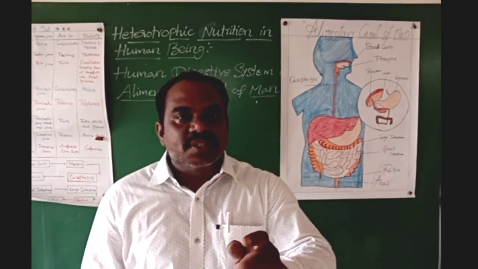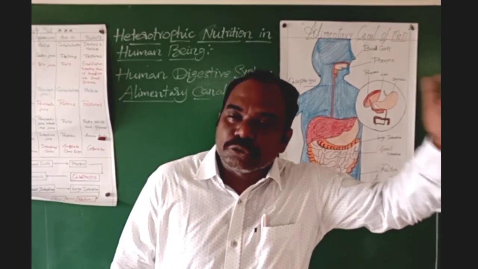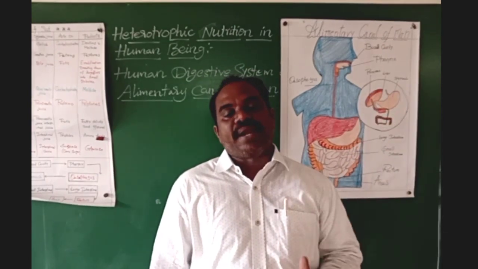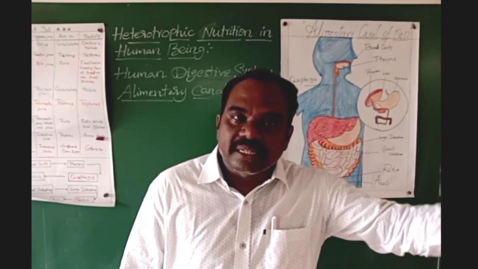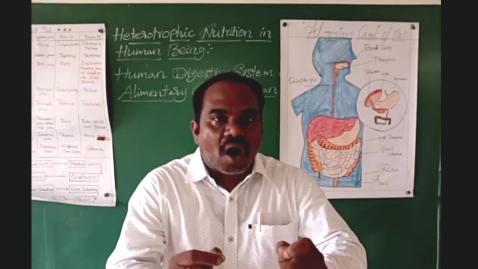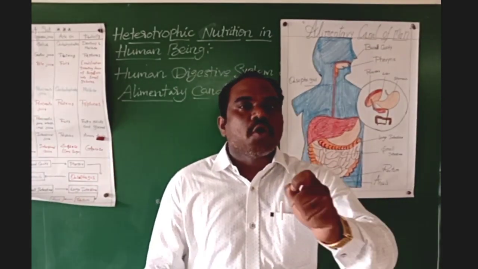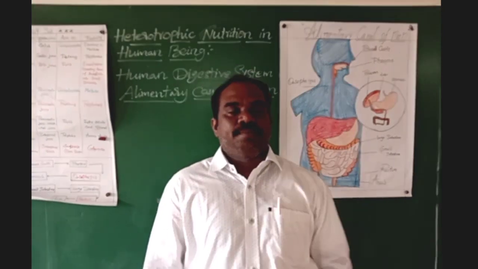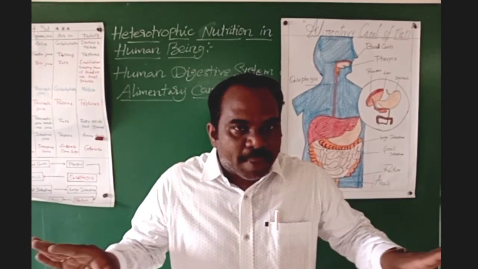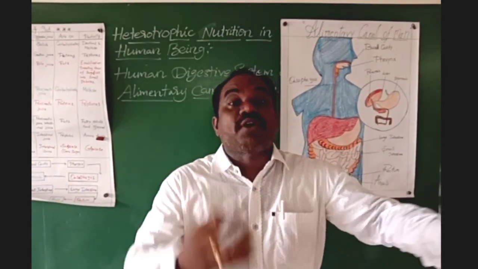Organisms which cannot prepare their own food depend upon others, like plants and animals. This type of nutrition is called heterotrophic nutrition. Human beings are heterotrophic organisms. They cannot prepare their own food and depend upon plants and animals for their food.